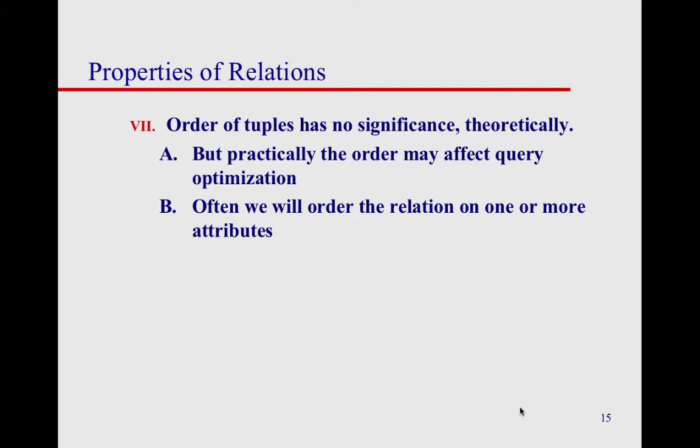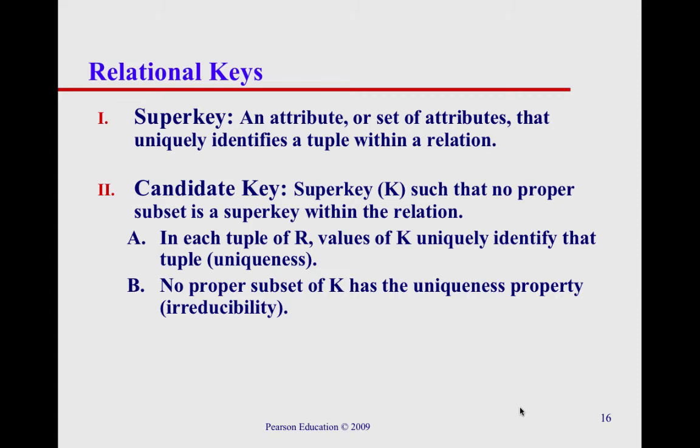So in practice, we do tend to order our tuples according to some key or some attribute. Oftentimes, it is not on the so-called primary key, which we'll get to in a moment, so I'll put off that discussion. But just from a theoretical standpoint, the order of the tuples is immaterial. From a practical standpoint, it's very important because it affects the efficiency with which queries are answered.